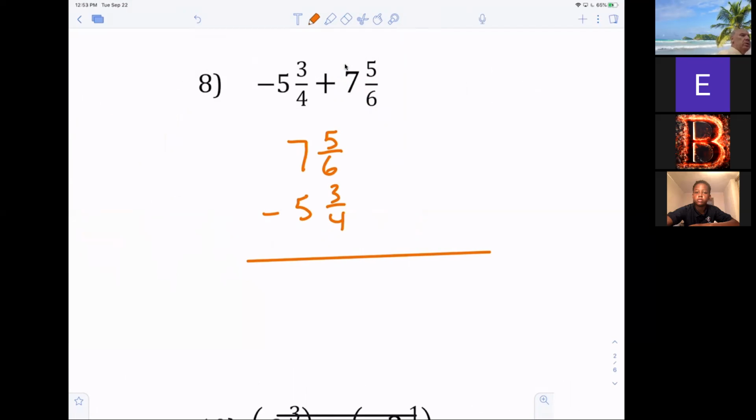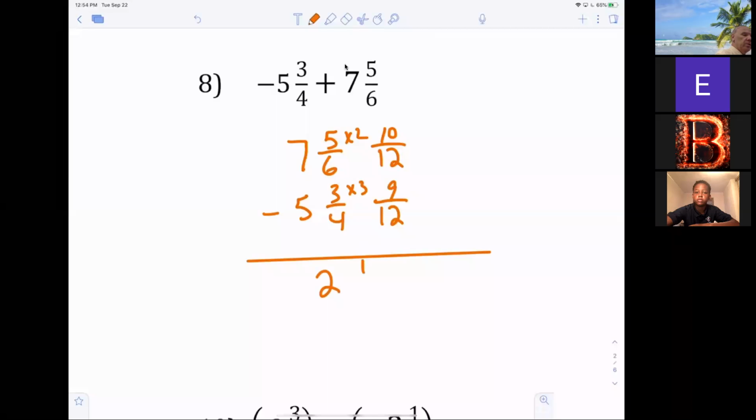It's all right. So here, let's go. Put a 12 down. So now I have to multiply the first fraction by 2. So that becomes 10 over 12. And the second one by 3, and that becomes 9 out of 12. All right, now we just do normal subtraction. 7 minus 5 is 2, 10 minus 9 is 1.